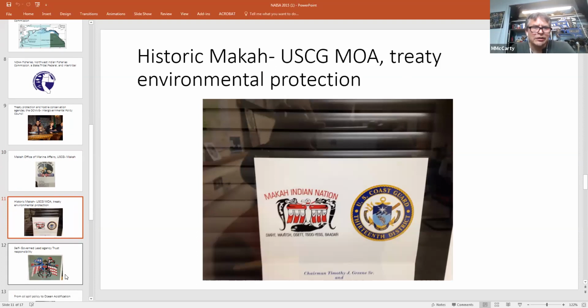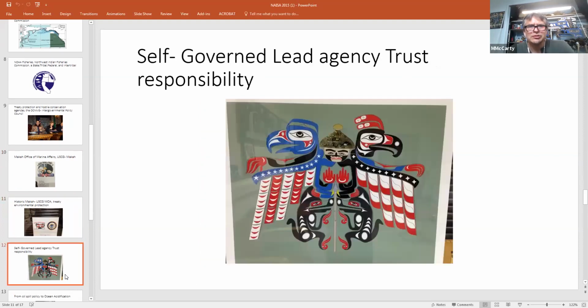And so we pioneered the government-to-government relationship with the Coast Guard that previously never really had to deal with a treaty trust responsibility. That inspired some work that was brought into the senior policy arena. NITOM was commissioned to do this print on the commencement of the MOU signing.